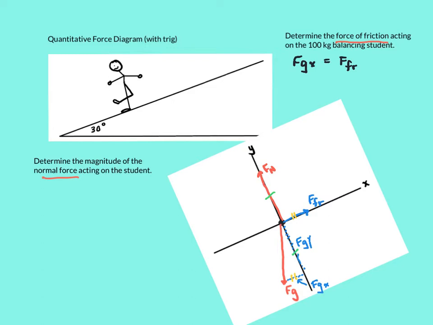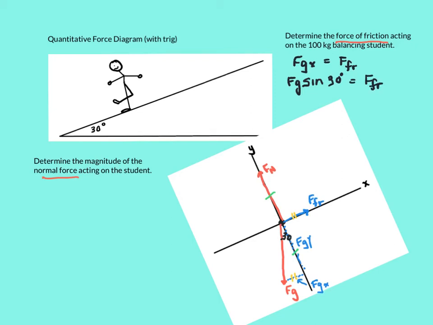The force of gravity in the x direction is going to be Fg, and here's my 30 degrees, and we're the opposite, so that's going to be the sine of 30 degrees. And that will equal my force of friction.